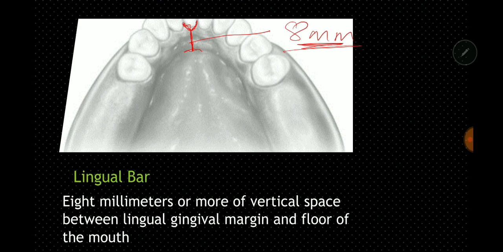The inferior portion of the lingual bar must also be at least 3 to 4 millimeters from the floor of the mouth. So make sure you understand the lingual bar indications.